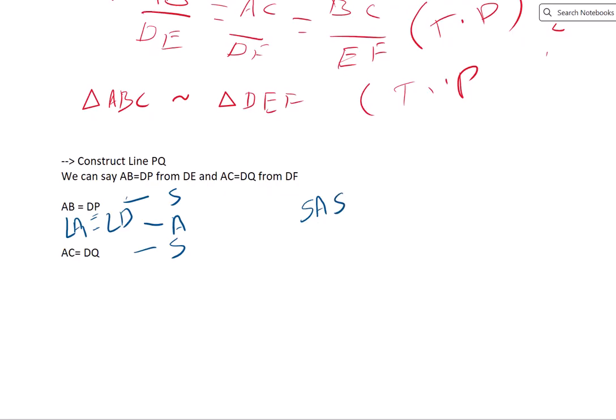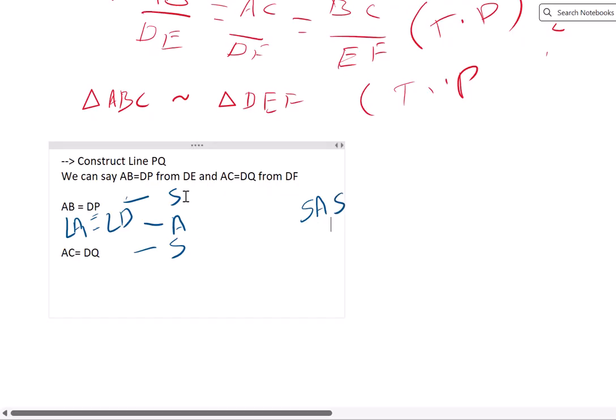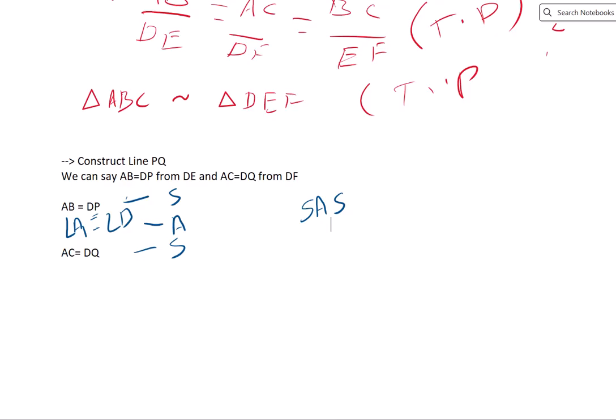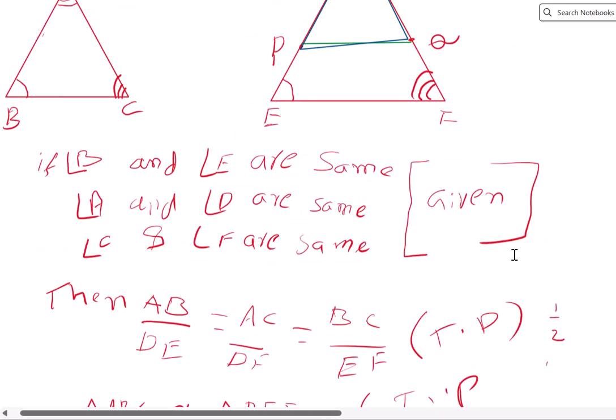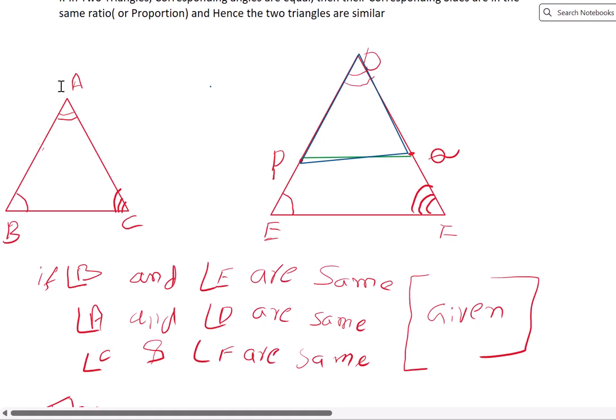So with the SAS rule, if side, angle, side, with the SAS congruence rule, triangle ABC and triangle DPQ will become congruent.